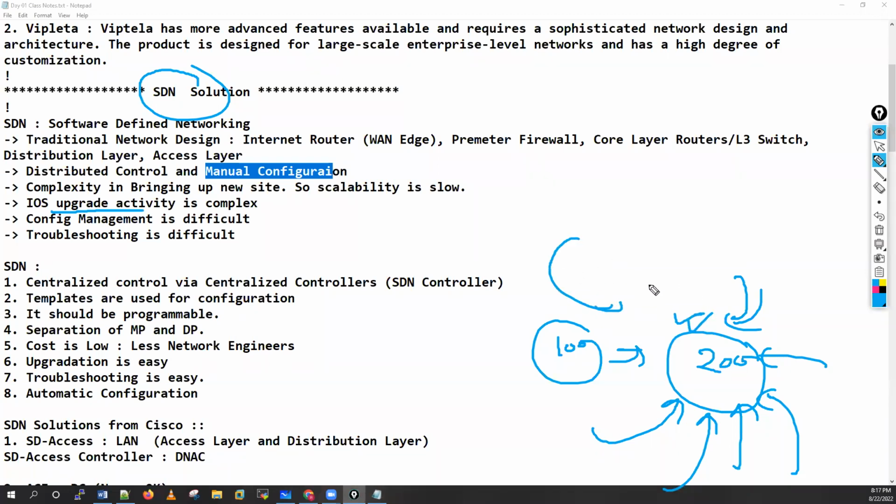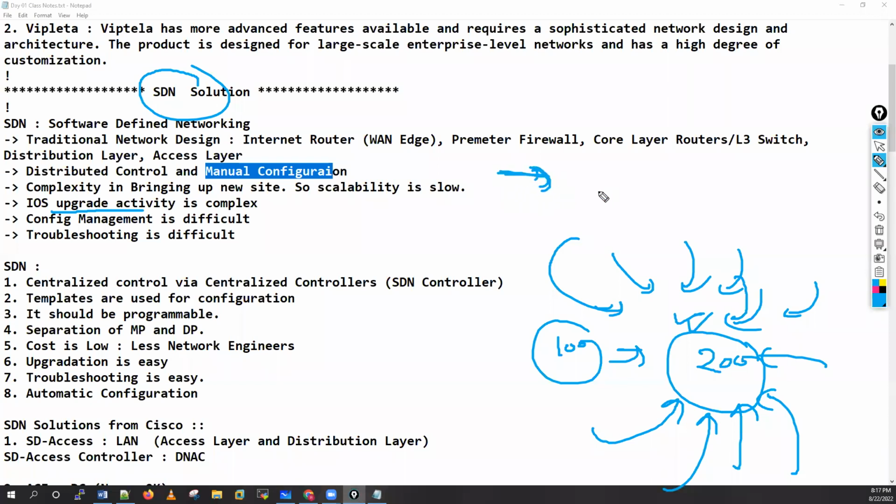You can just push the file from that particular controller and upgrade easily, right?